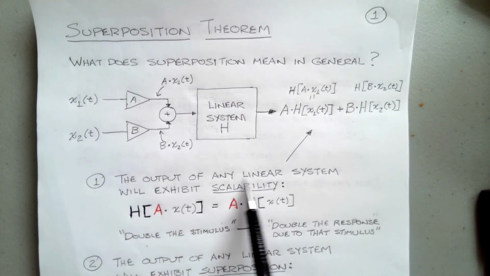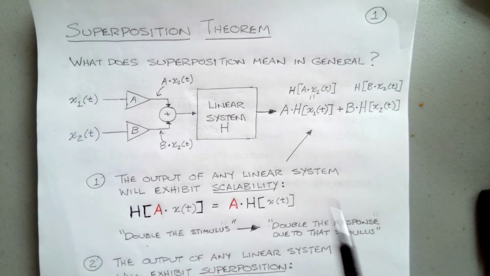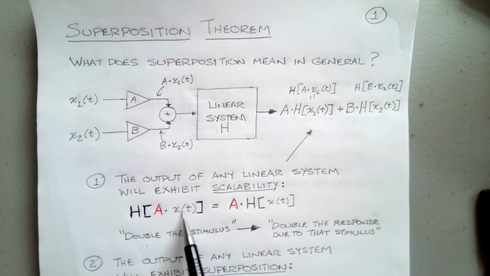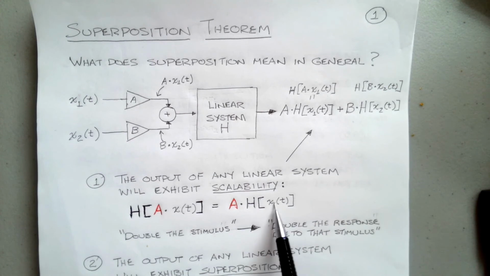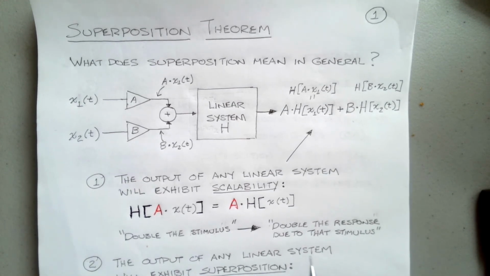So the output of any linear system will exhibit scalability. If I double the stimulus, if a equals 2, so I put in twice the input that I normally put in, I'd get twice the output of just that original signal. Double the stimulus leads to double the response due to that stimulus, or triple, or whatever you want.